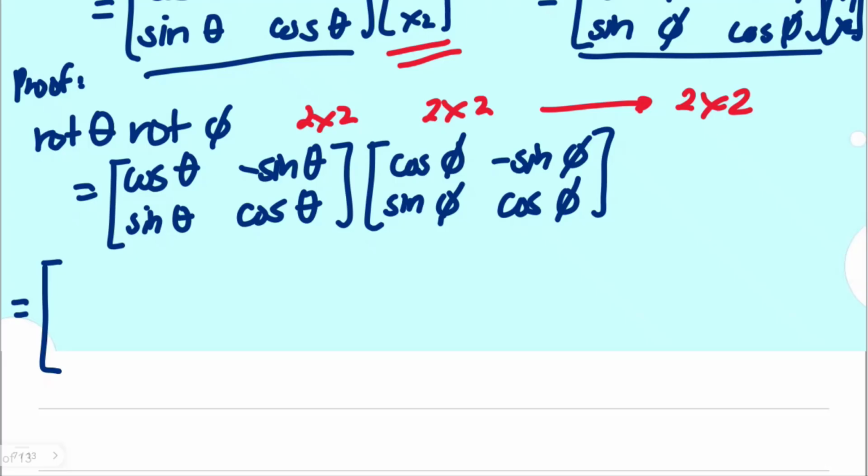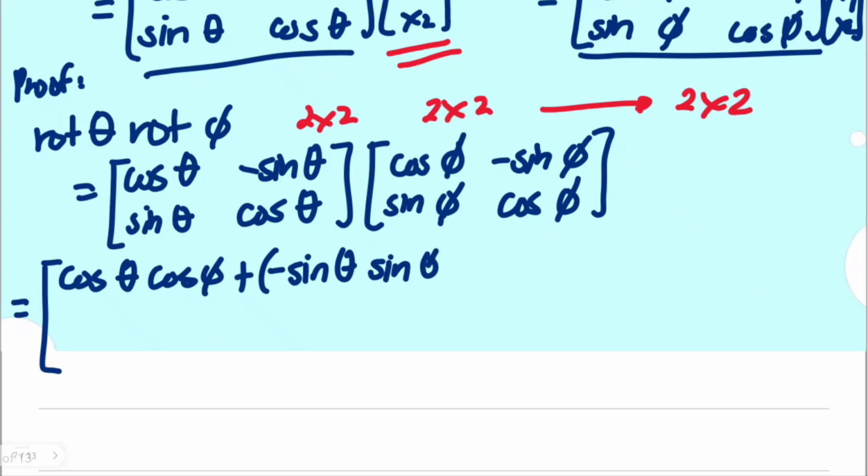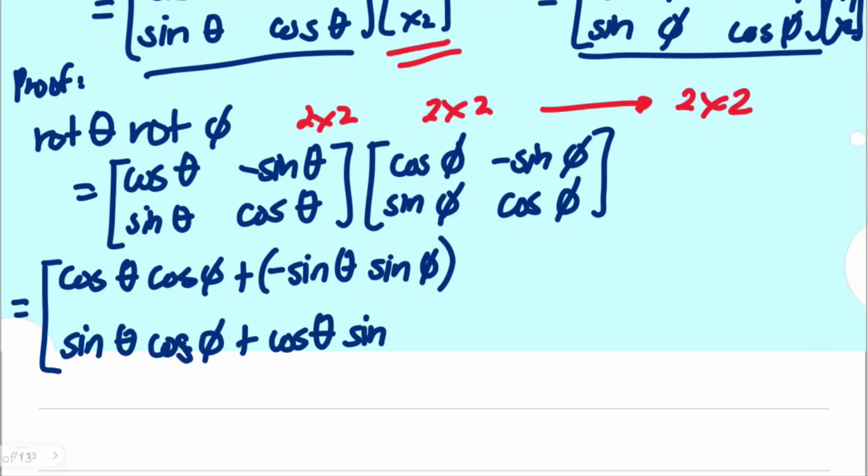So again, multiplying matrices, you have here cosine theta times cosine phi plus negative sine theta times sine phi. That's for the first entry. Next, for the next entry in this column, you have sine theta cosine phi plus cosine theta sine phi.